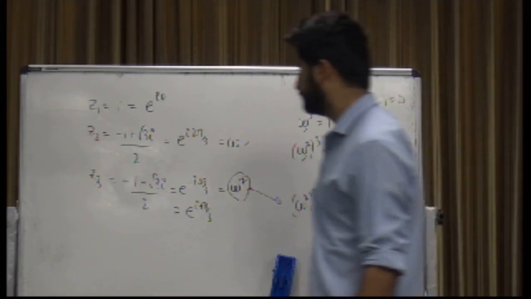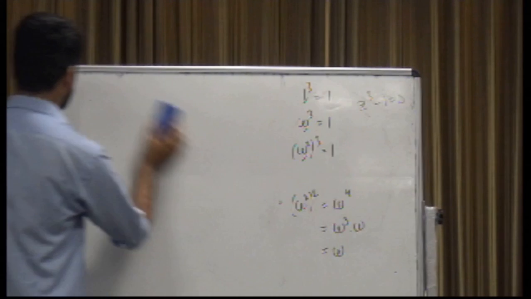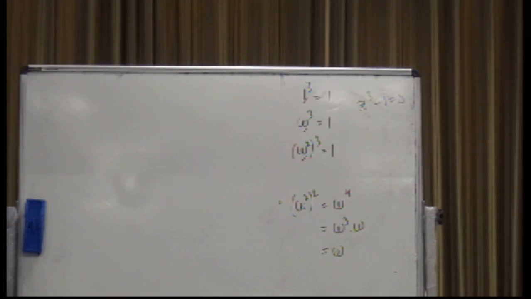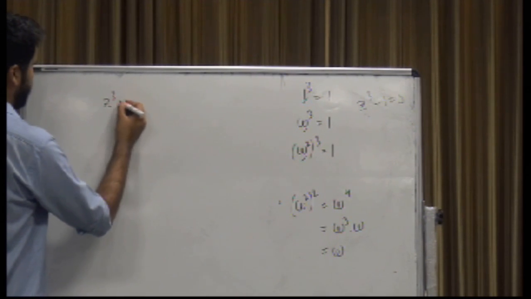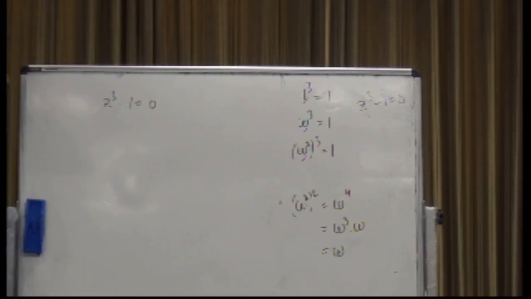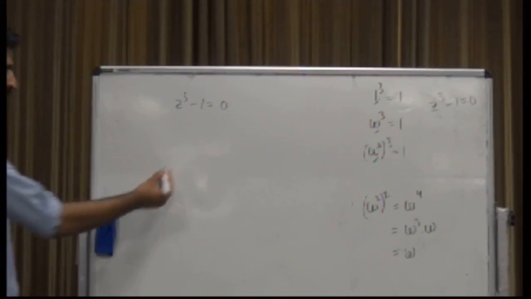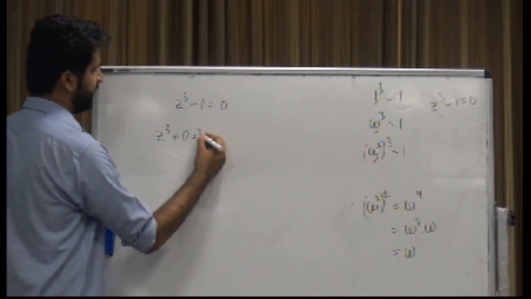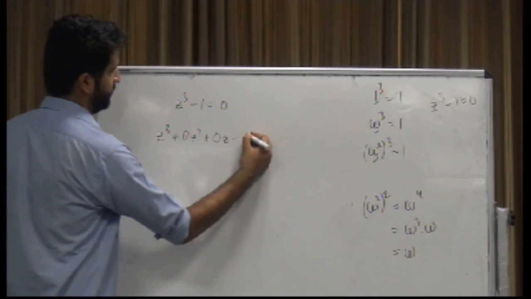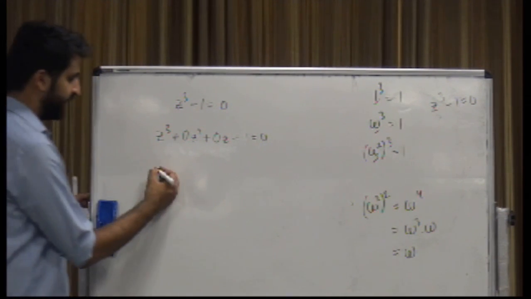Now we have seen that they satisfy the equation z cube minus 1 is equal to 0. This is a cubic equation, and it can be completed like this: z cube plus 0 z square plus 0 z minus 1. Why am I completing this? So that you don't get confused.